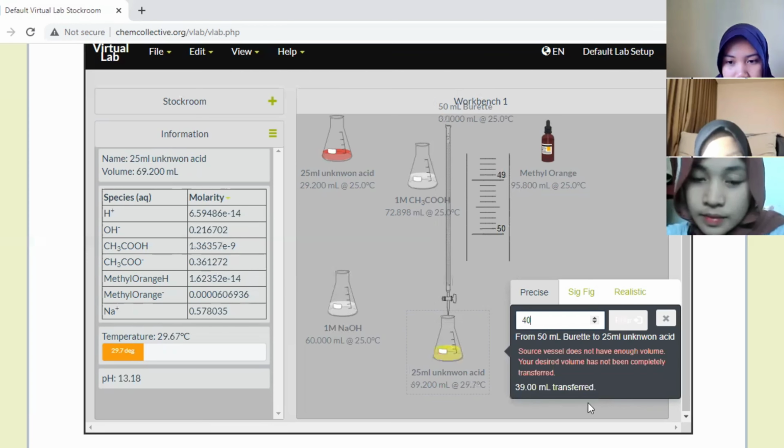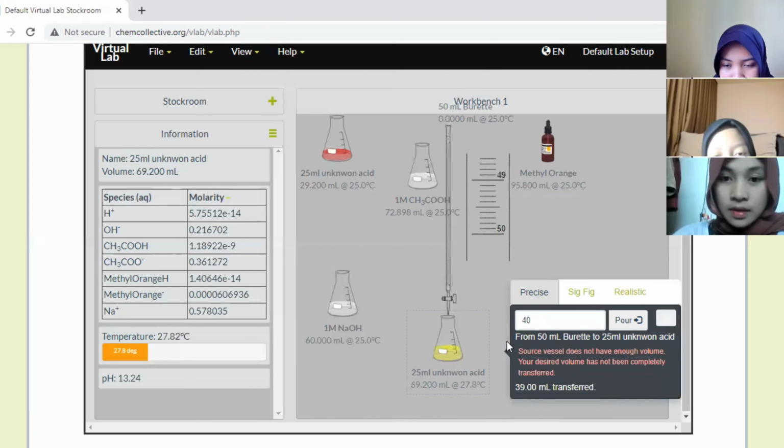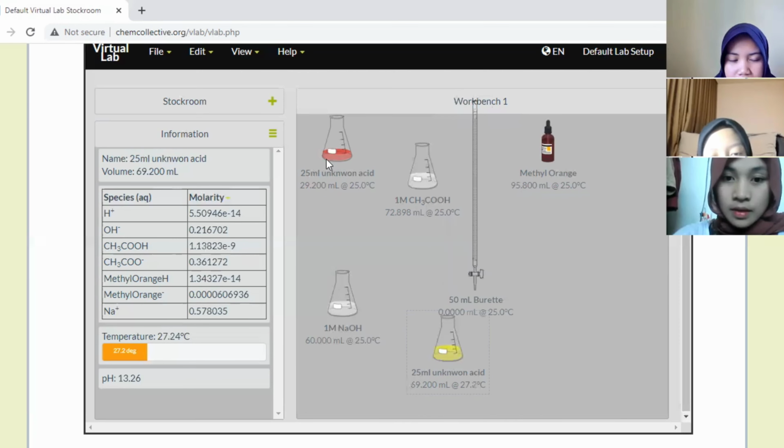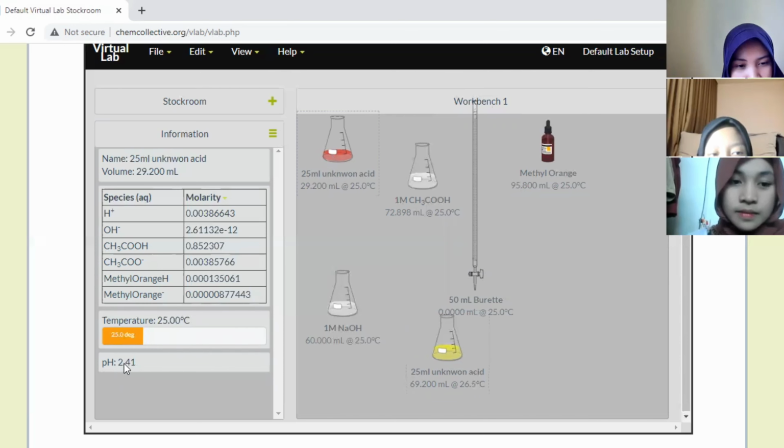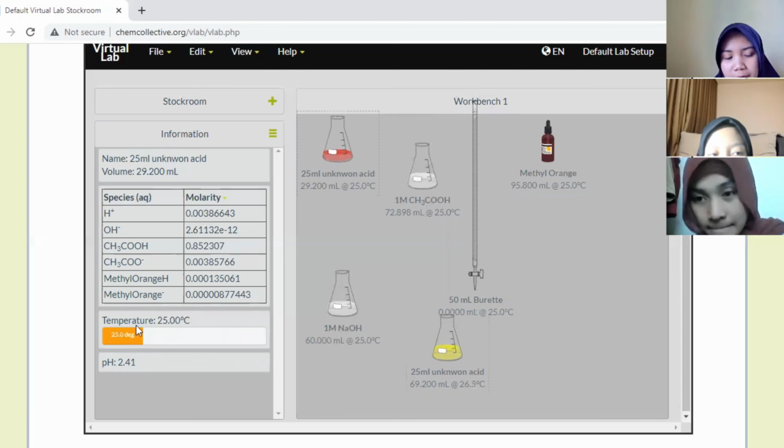So the color changes from red to yellow, and the pH has changed from 2.4 to 13. That's so much.